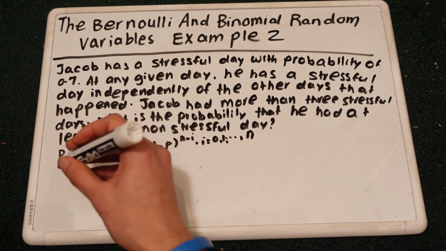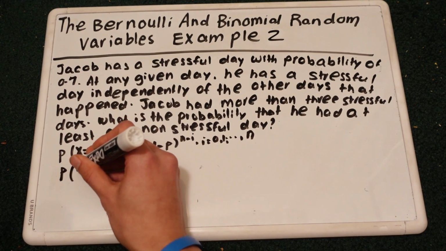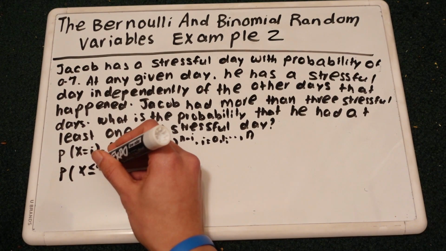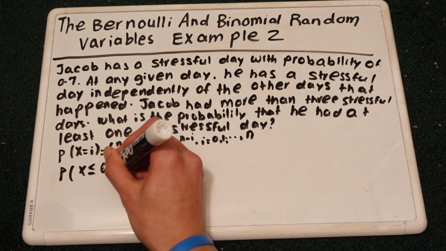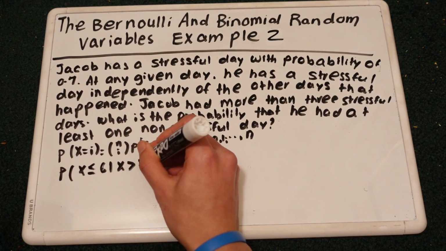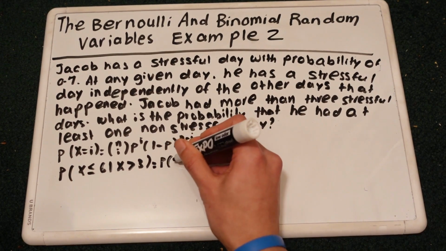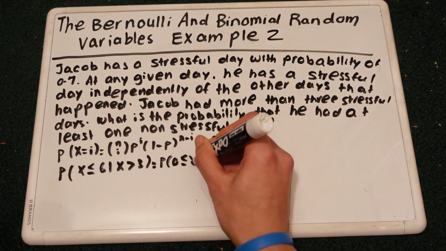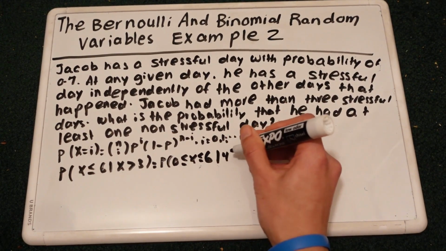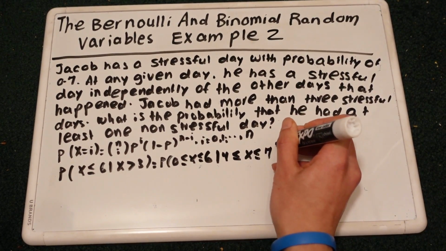So we can figure out the conditional probability. In other words, this would be the probability that X is less than or equal to 6 given that X is greater than 3, which is really just the probability between 0 and 6 given 4 and 7.